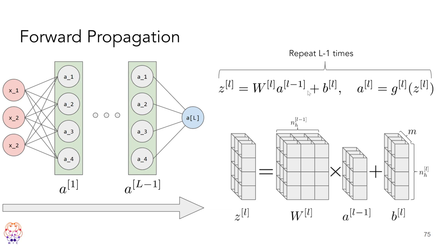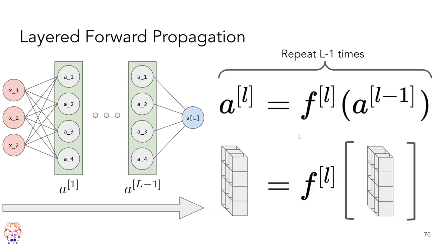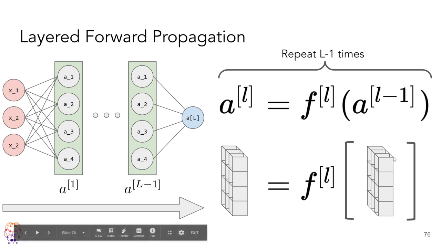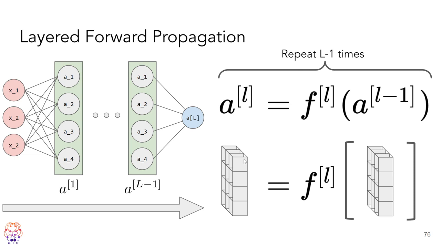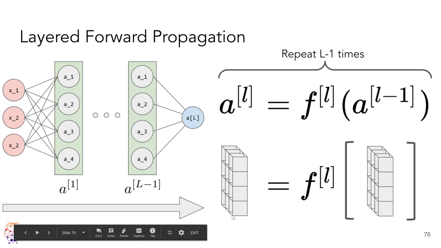And so this would be the explicit notation, but instead we're just going to make it very simple and just call it some function on top of a vector, or on top of this matrix, because the depth of this matrix or tensor is the number of examples, and then the height is the number of activations for that layer.